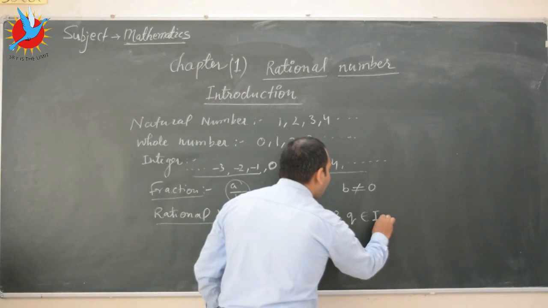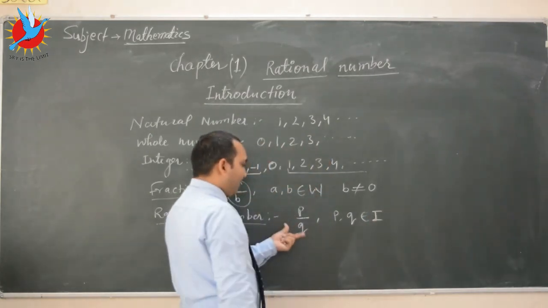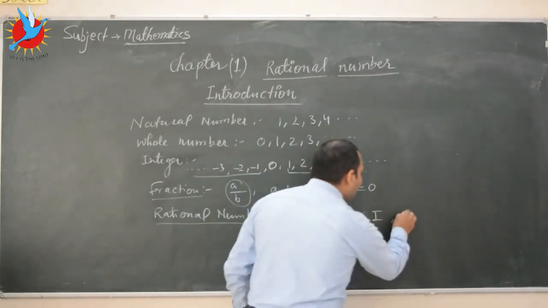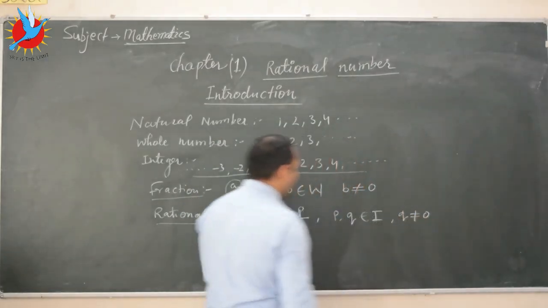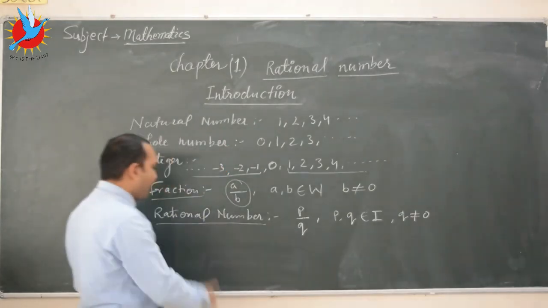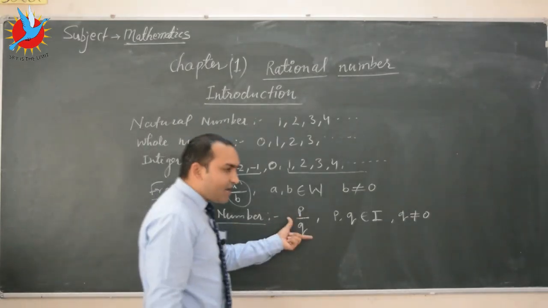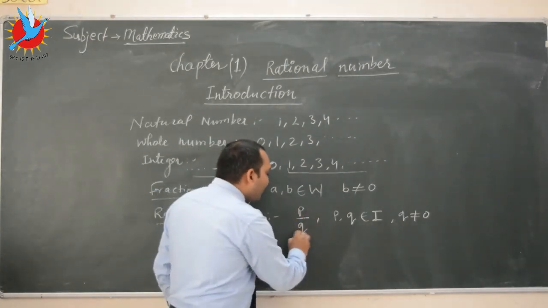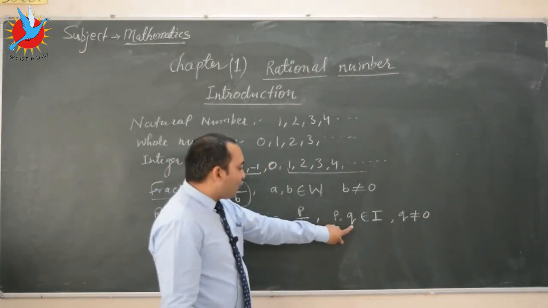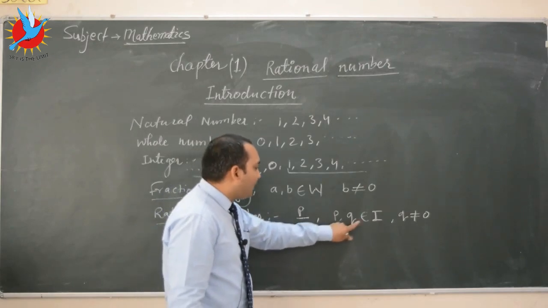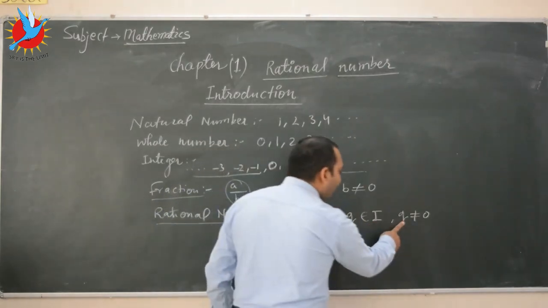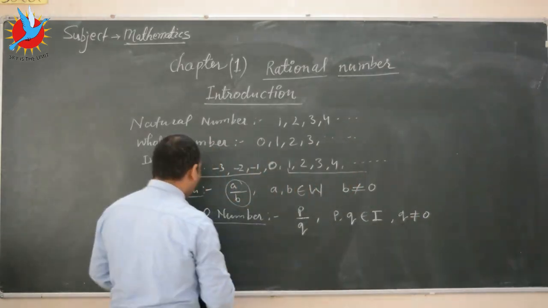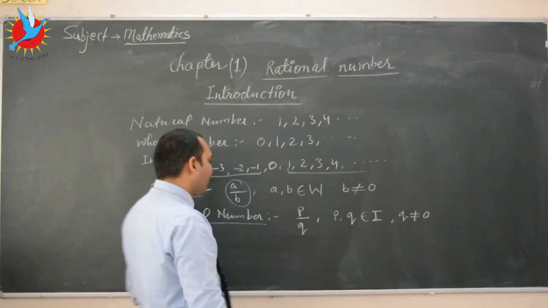Integer means either positive or negative, and the numerator may be 0, but the denominator q should not be equal to 0. So it is clear that a rational number can be written as p upon q, where p and q are integers and the denominator is not equal to 0. This is called the rational number.